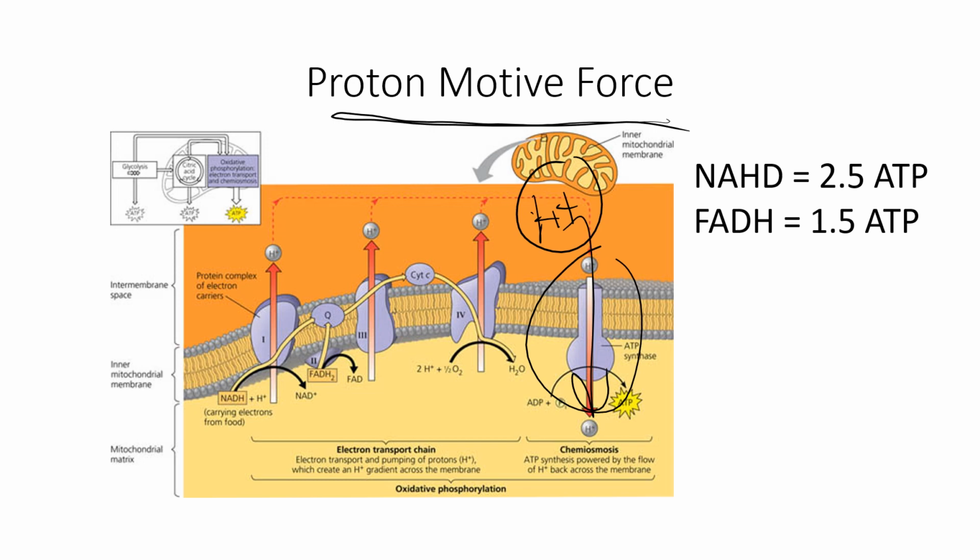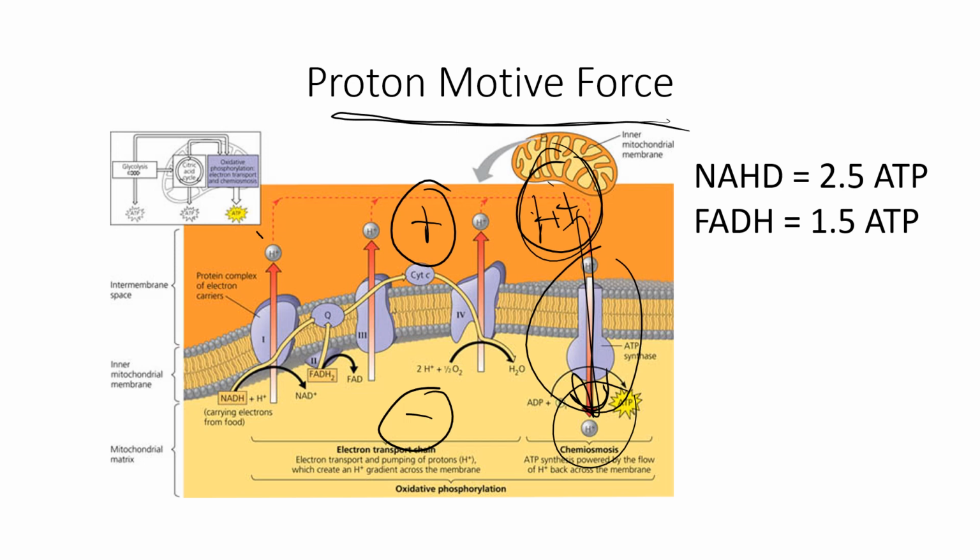The fact that the inner membrane space is positive and the matrix is negative, that is what pulls the hydrogen ions from the inner membrane space back into the matrix. Now, partly they want to come back just through a diffusion gradient, but the biggest of the two factors is the mitochondrial membrane potential. That's the main thing that pulls these hydrogen ions from the inner membrane space back into the matrix.